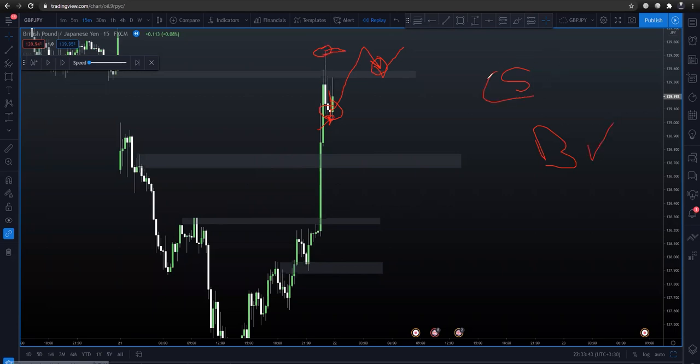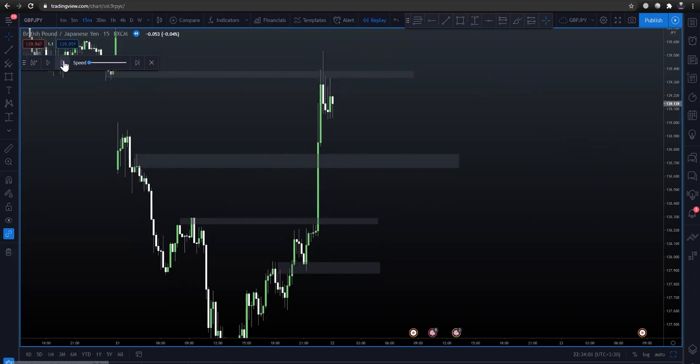For the sell, if we have this type of movement and it turned into a double top, okay, now I could go for a sell too. It will be our scenario. Okay, now the price closed like a bearish candle and it could be a sign that it's going down.